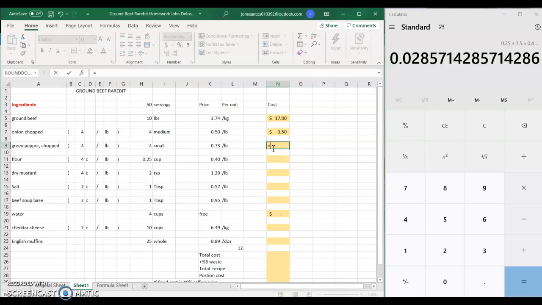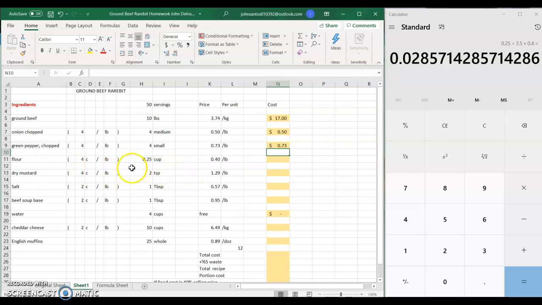So create a formula, open parenthesis, go with 4 divided by the number of pieces in a pound, which is 4, to get a unit of pounds. Then multiply it by 73 cents per pound, and that will give us 0.73.